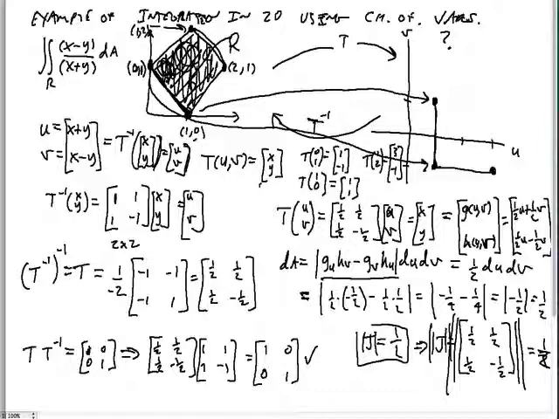And finally, if you put in T of 2, 1, you get out 3, 1, so up there.